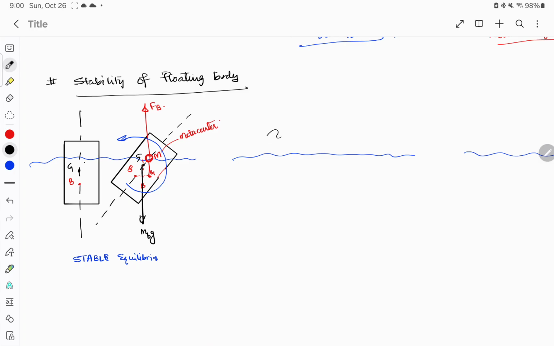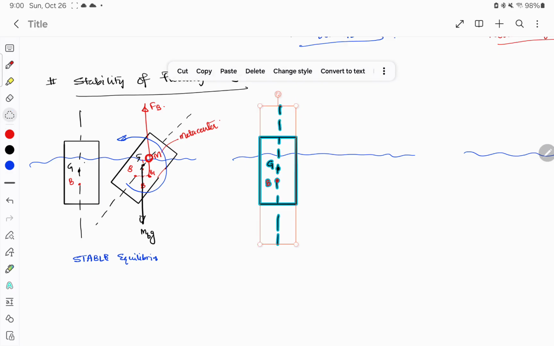Let us move to the other part. Say this is the body. This is the central axis of the body. Center of gravity is somewhere here. Initial center of buoyancy is somewhere here. Okay. Now I give a tilt, a disturbance to the body.